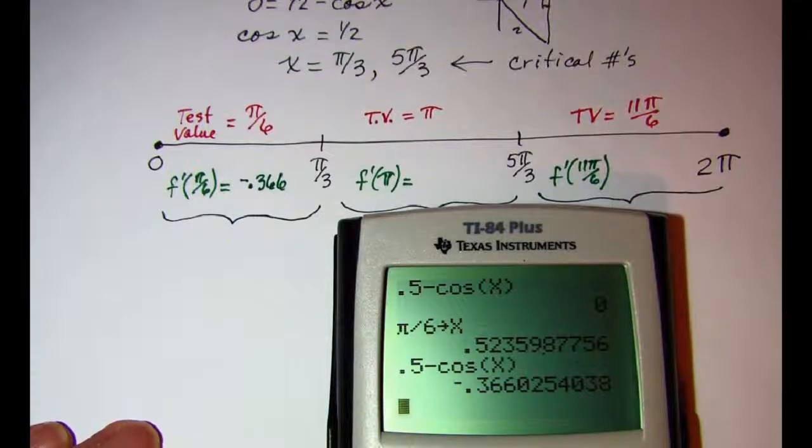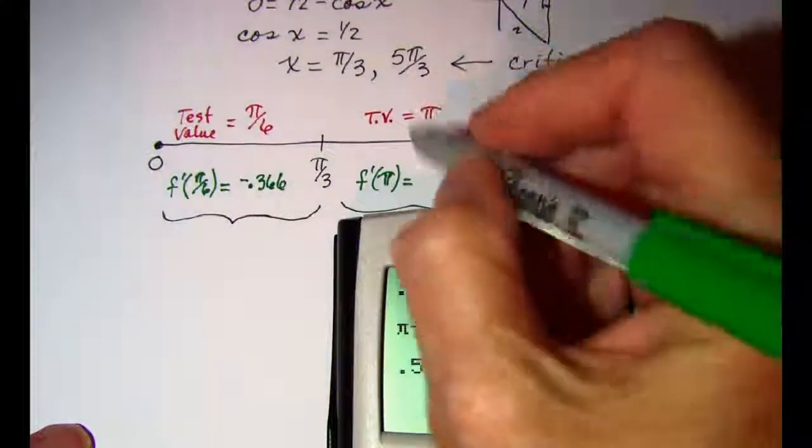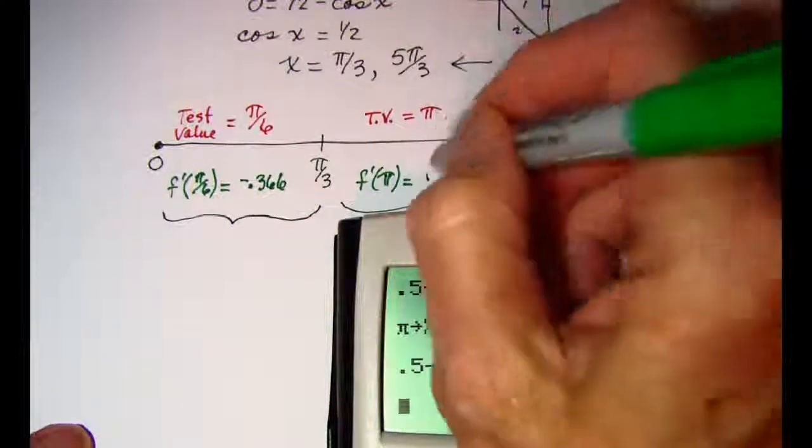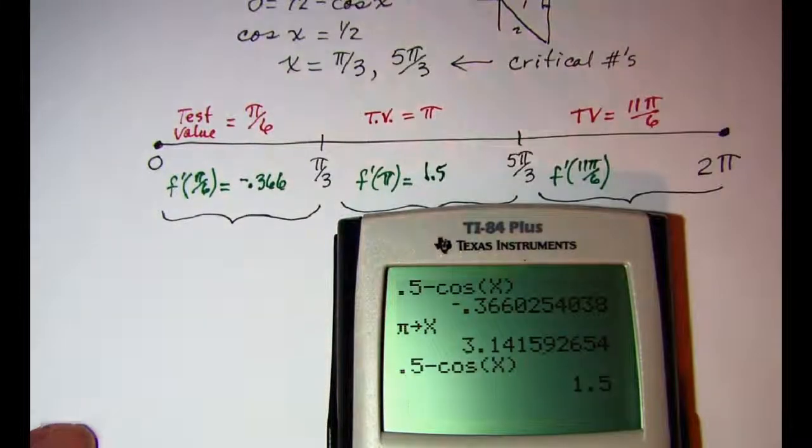And let's store pi, which gives 1.5. And then let's store 11 pi over 6.